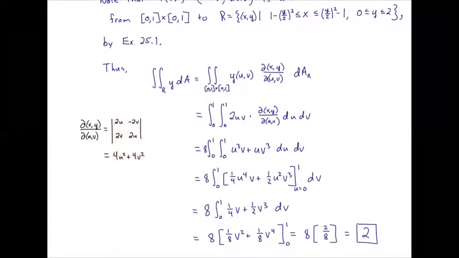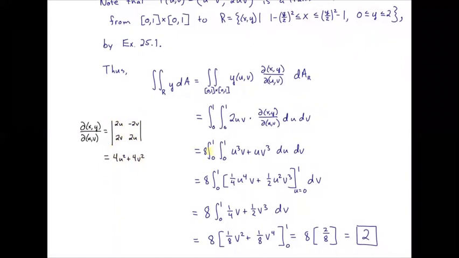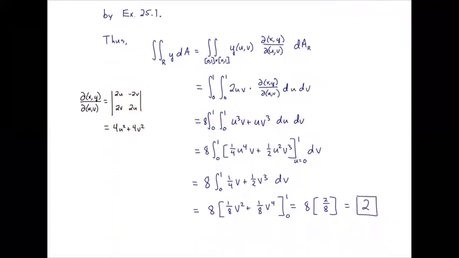So plug that function in, and we've got the following: the factors of 4 multiplied by 2 to get an 8 as a constant out front. We have u cubed v plus uv cubed, and this follows pretty standardly as a double integral at this point. Integrate with respect to u first. Power rule on both functions of u leaves us with this and this.